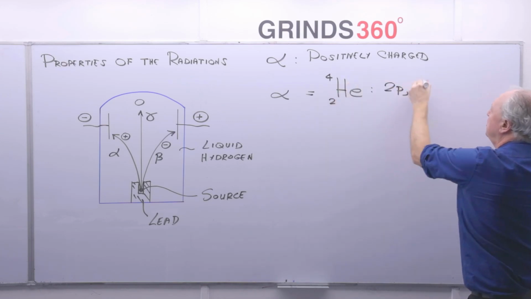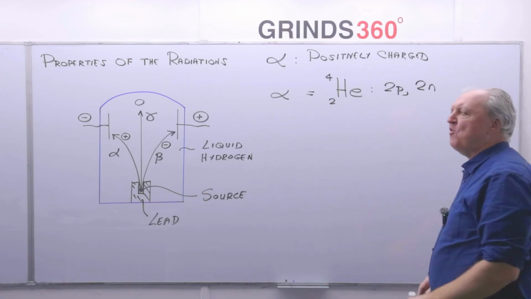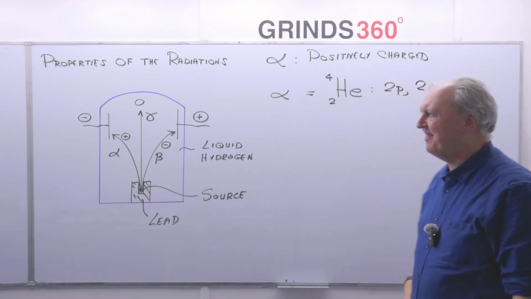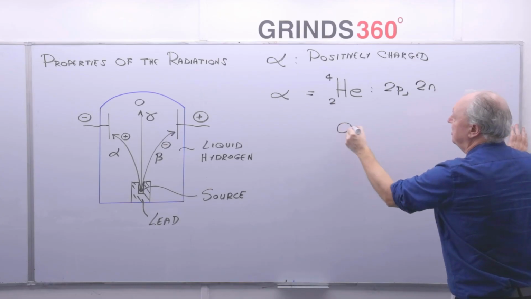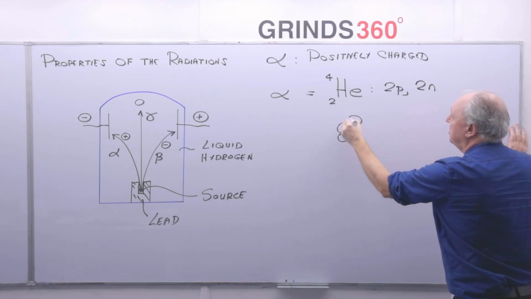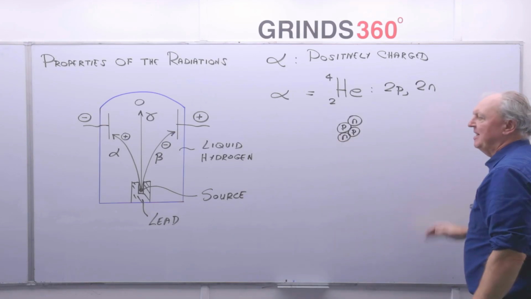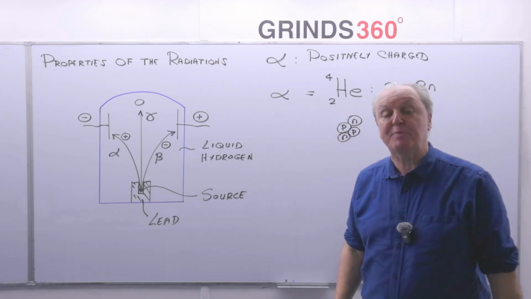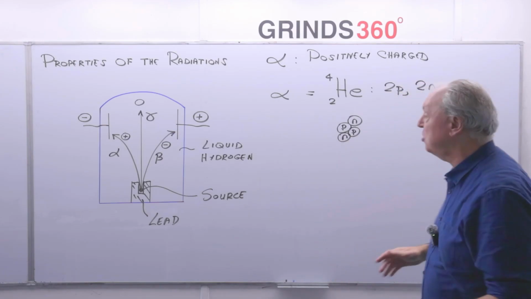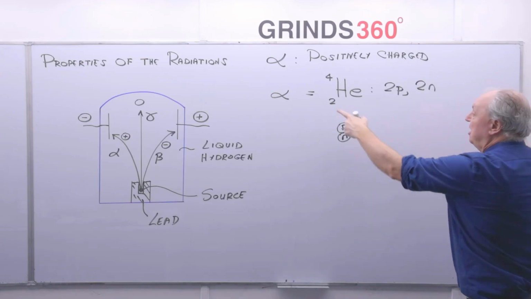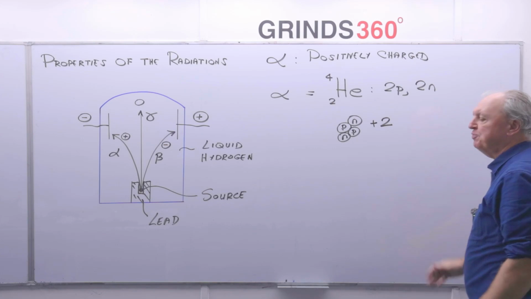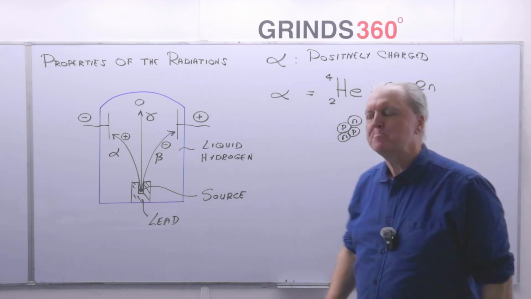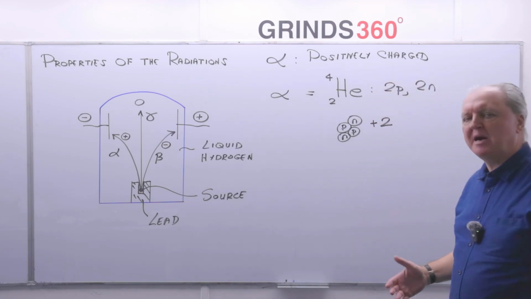Take them away, 2 neutrons. It's got 4 nucleons altogether. That's a helium nucleus. So if I was to draw a very simple picture of it, here's my 4 nucleons. It's got protons, 2 protons, 2 neutrons. And you know the charge of each proton is +1. Neutrons are neutral. And therefore the charge of an alpha particle or helium nucleus is +2. 2 protons giving me +2. So that's what they discovered alpha particles were.